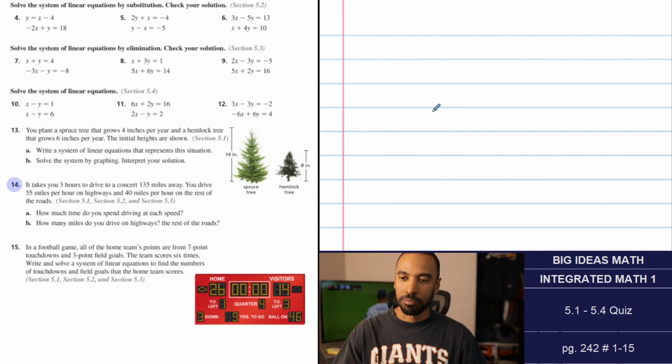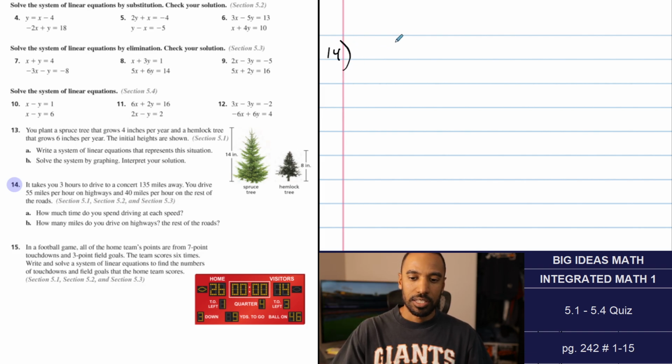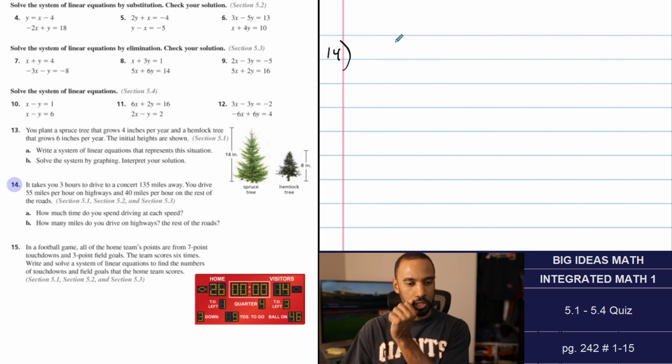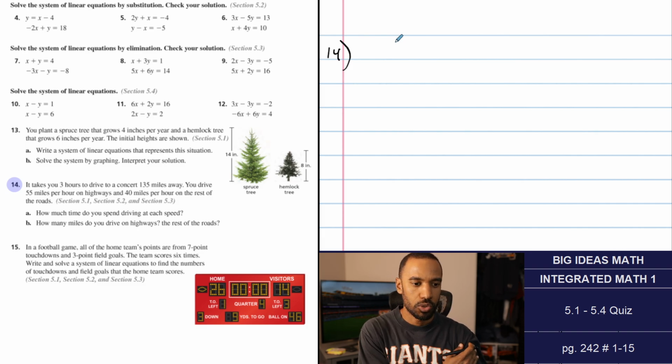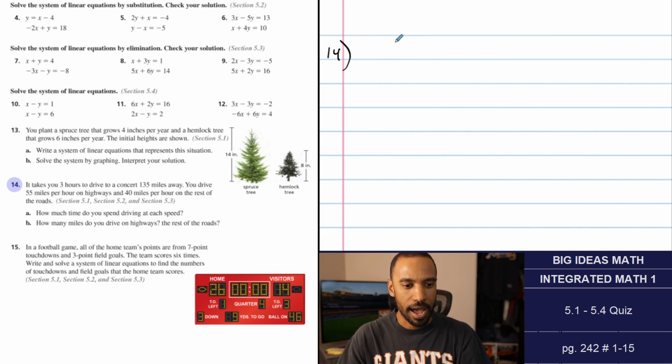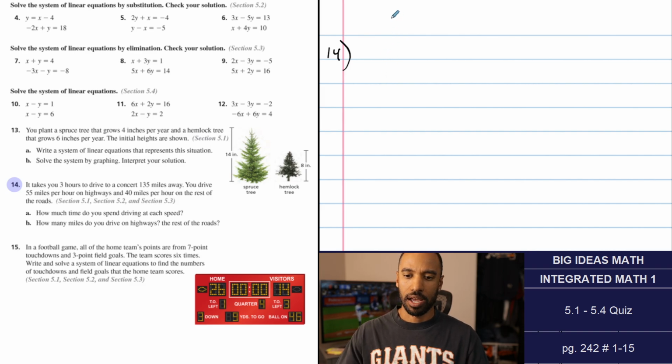All right, number 14. It takes you 3 hours to drive to a concert 135 miles away. You drive 55 miles per hour on highways and 40 miles per hour on the rest of the roads. This combines sections 5.1, 5.2, and 5.3. It says, how much time do you spend driving at each speed? So it takes you 3 hours to drive to a concert 135 miles away.